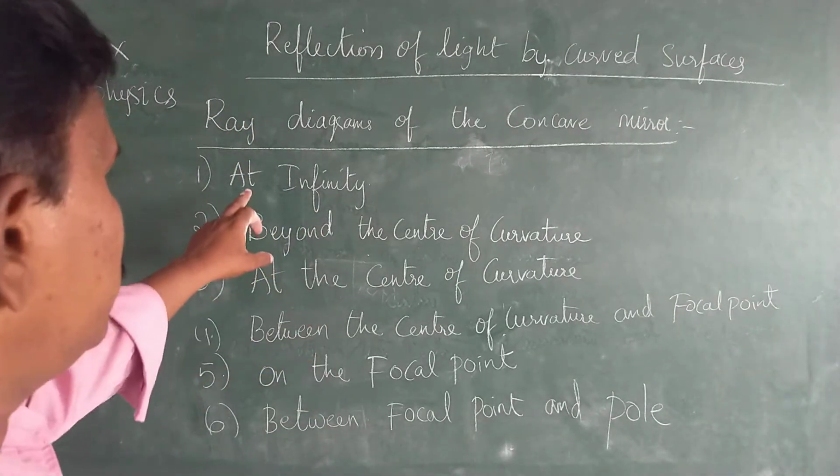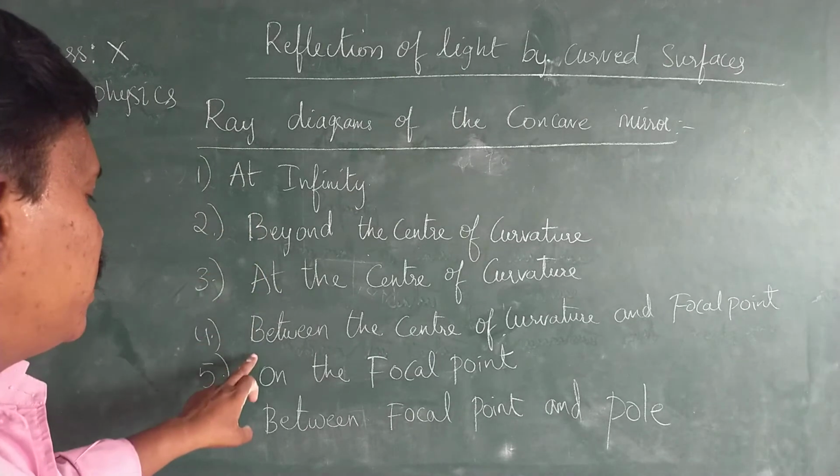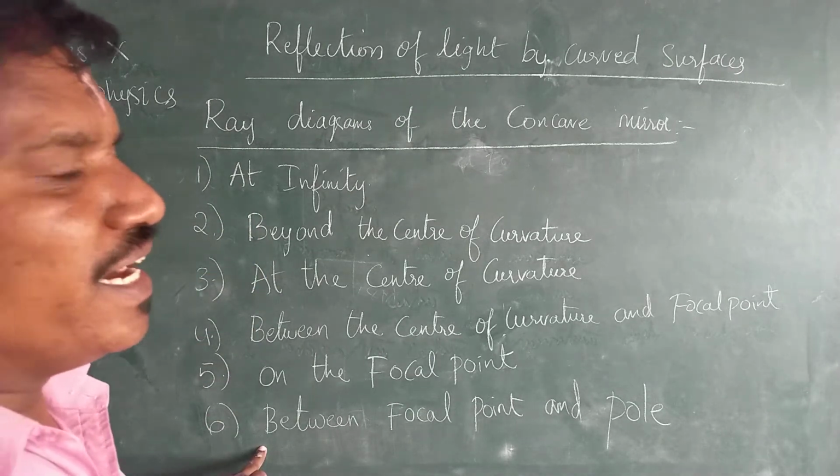These are the 6 positions where the object should be placed to draw the ray diagram.